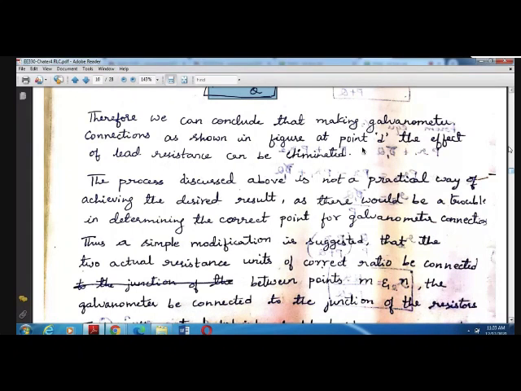That is, if I connect the galvanometer to this point, we will get the exact value, and we did this derivation. We obtained the equation for finding out the value of the unknown resistance.